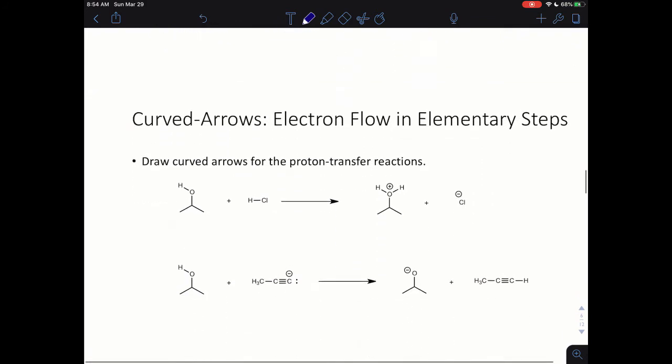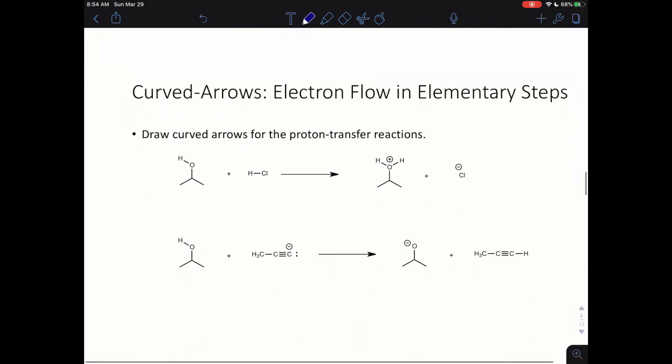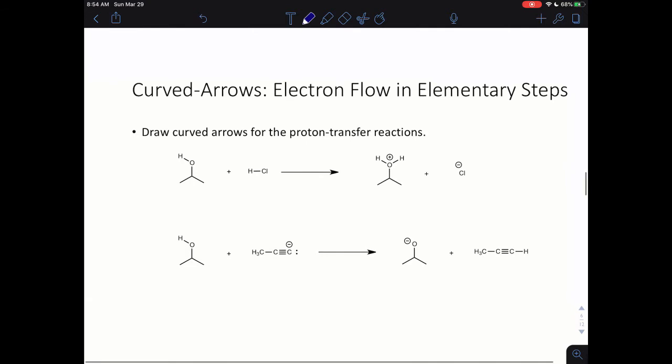Let's move on. Let's try to show electron flow in proton transfer reactions given the reactants and the products of these reactions. So again, I might draw my lone pairs in at first because that might help me see which electrons are moving. Okay, so it looks like these electrons are now making a bond to hydrogen.